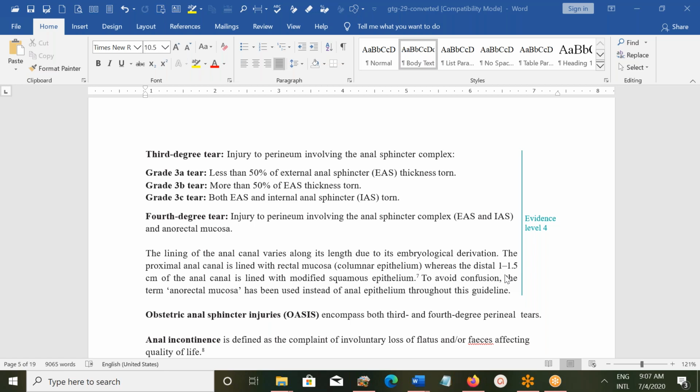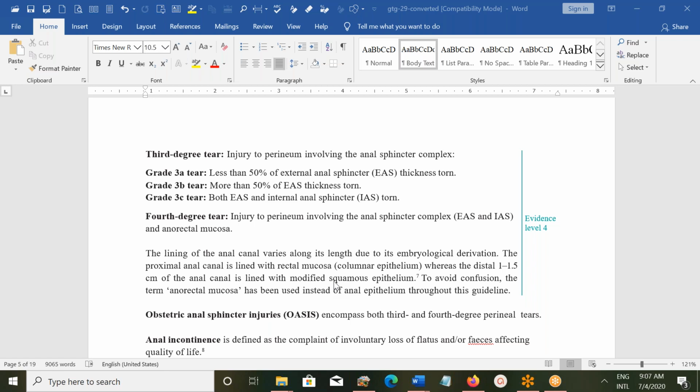The distal 1 to 1.5 centimeter of the anal canal is derived from the urogenital sinus. You know the primitive cloaca will form, then one septum will develop and it will divide the cloaca into the bladder and the future anal canal. So the last 1 to 1.5 centimeter of the anal canal is derived from the urogenital sinus.